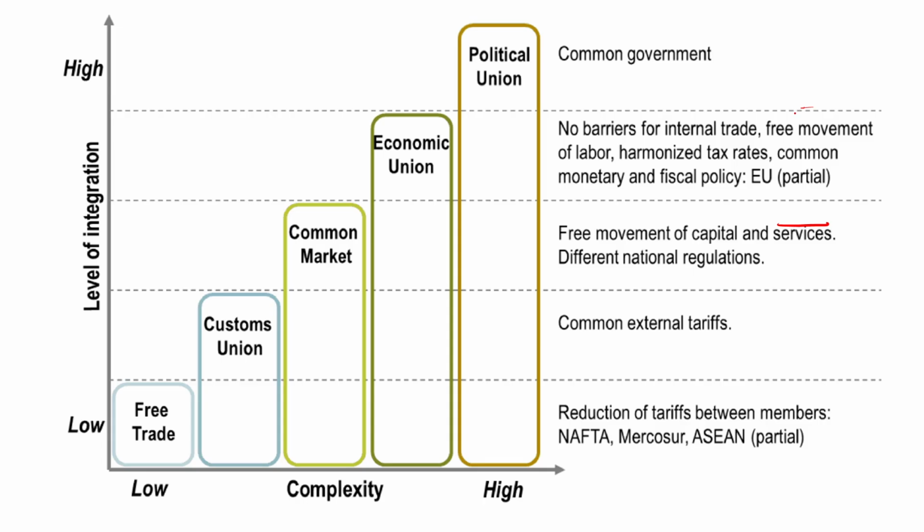And the political union will have the features of all these four, plus the government and political parties will be common. No group of countries has reached the political union. This is the highest and this is the lowest.